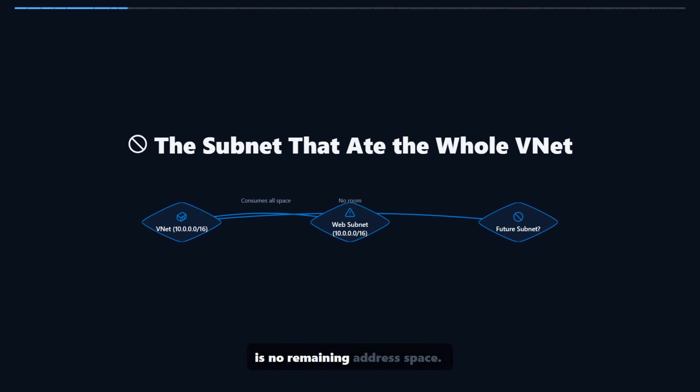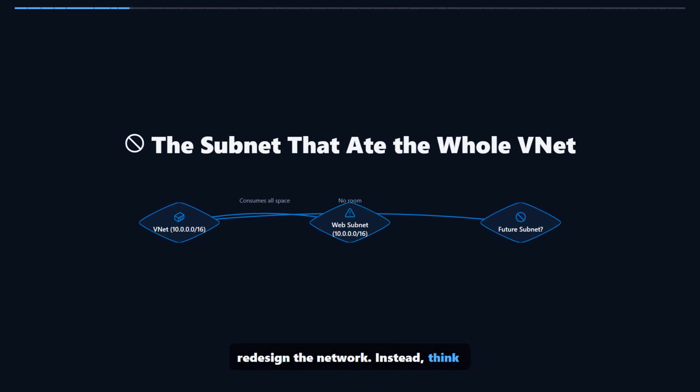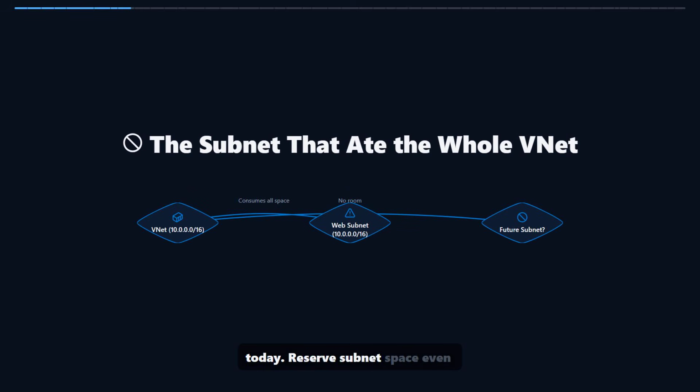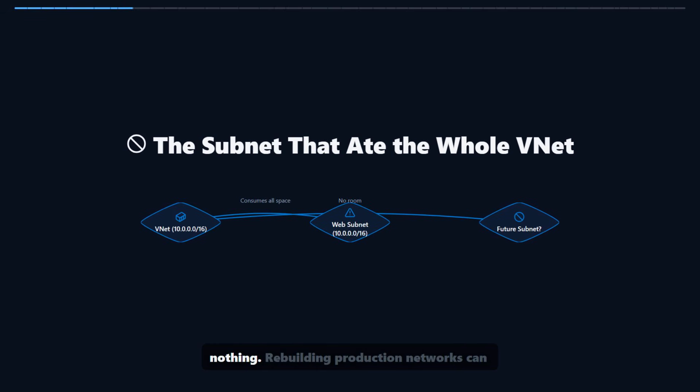There is no remaining address space. The only solution is to redesign the network. Instead, think about tomorrow while you're building today. Reserve subnet space even if those subnets stay empty for months. Planning ahead costs nothing. Rebuilding production networks can cost days of work.